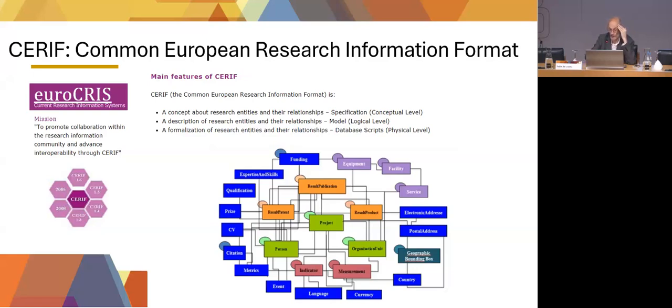The three core entities are the ones in green background: project, person, typically researcher, and organization, typically the affiliation. But it can be a funder, for instance, that is also an organization. And these are the core ones, all interlinked with each other.